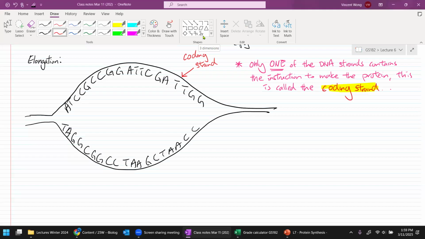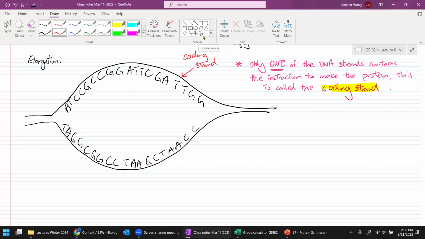Okay. But as we saw, for the DNA, we don't copy letter by letter. It's not possible for our body to see an A and then copy an A, to see a T and then copy T, right? The way we copy DNA is we always build the opposite, the complementary nucleotide. So if I want a copy of the coding strand, I cannot use the coding strand because I will end up having something that's the opposite of the coding strand.